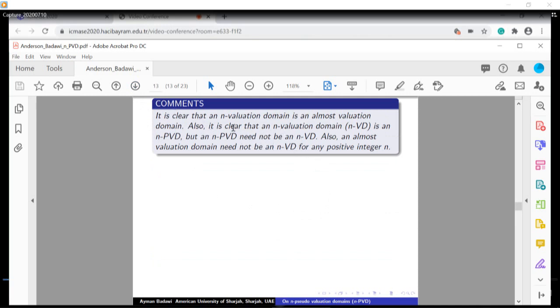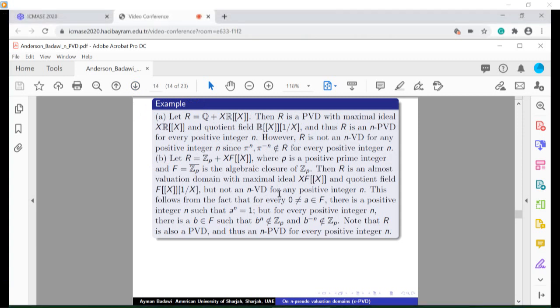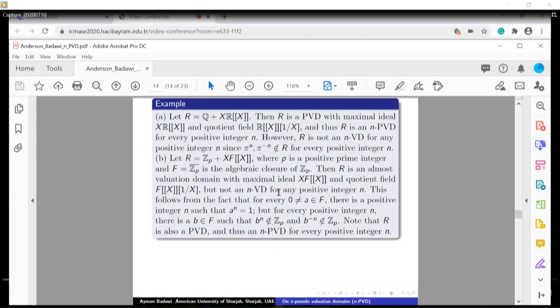And here are some examples, as I promised, of almost valuation domains, but they are not n valuation for any positive integer n. You can read this example.